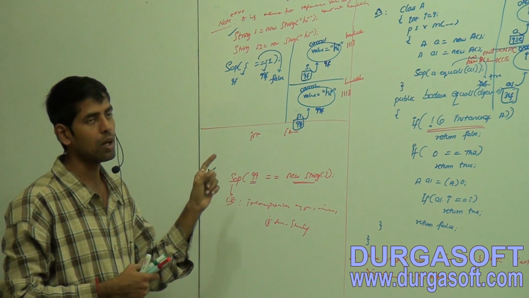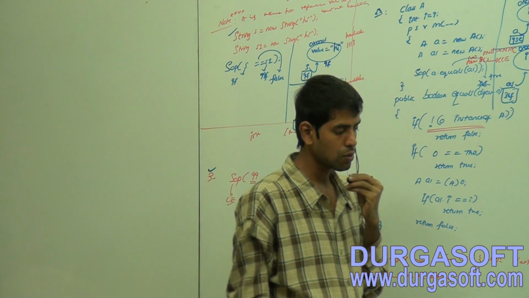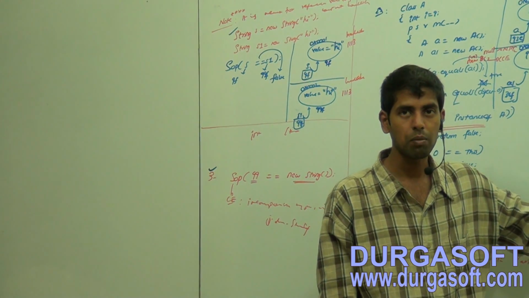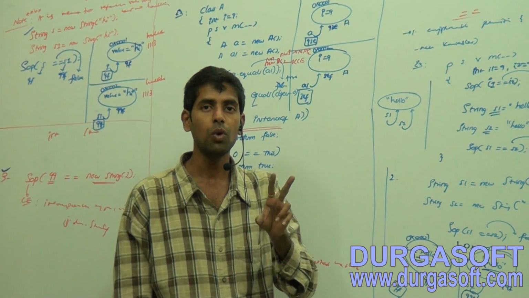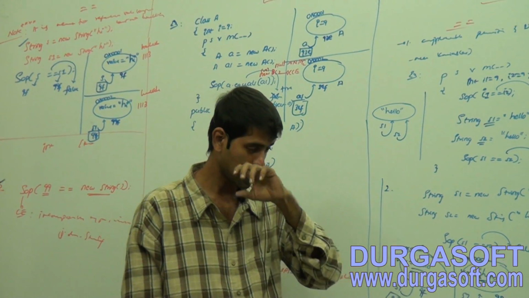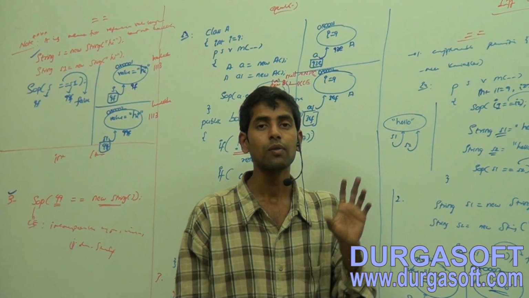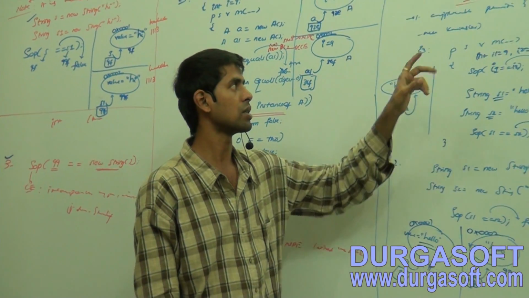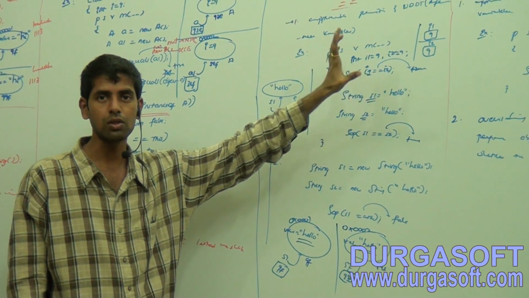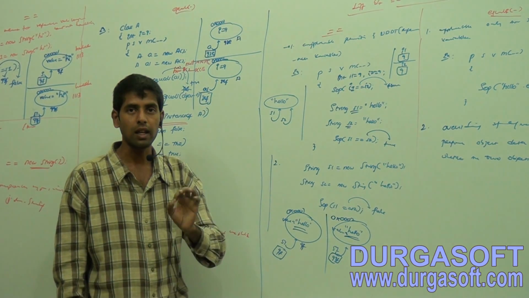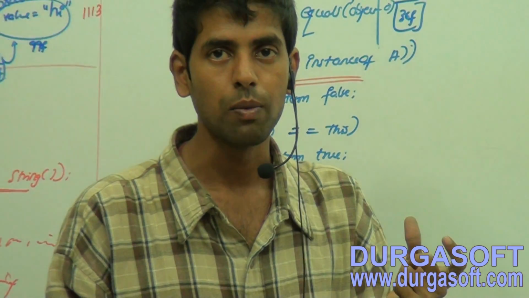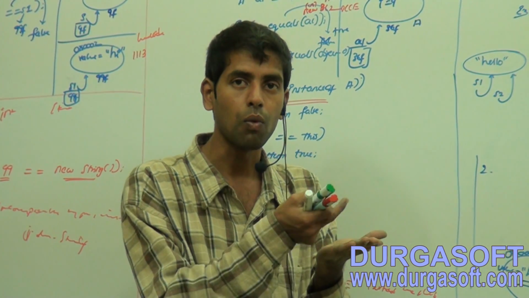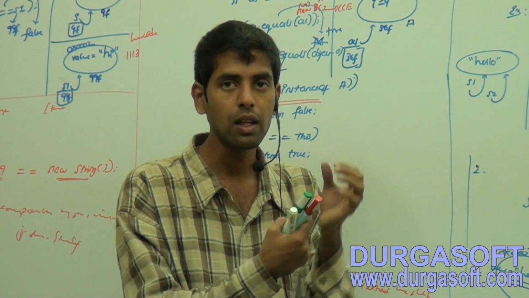So what we have discussed here, the first thing is that you can use the double equals operator for both primitive data types and for user defined data types, that is, for reference variables also. In the case of primitives, it will compare the value held by the variable.